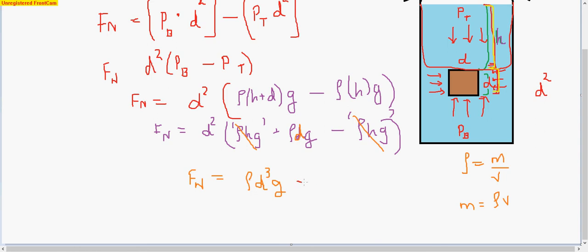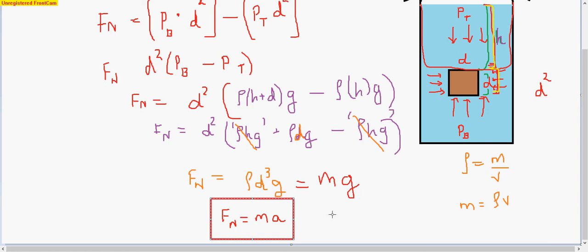So you get the final equation, mass into gravity. What is gravity? It's acceleration. You get it as mass into acceleration. Now that is the equation I wanted to derive from this. Okay, surprising, right?